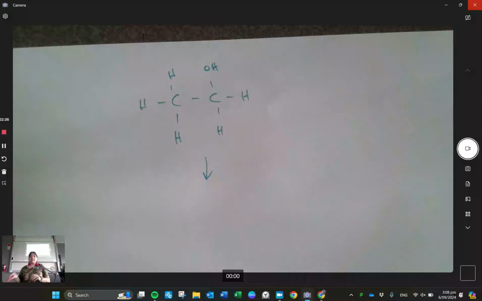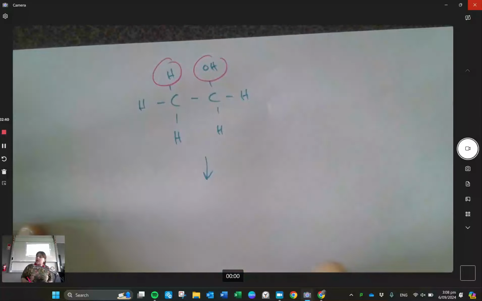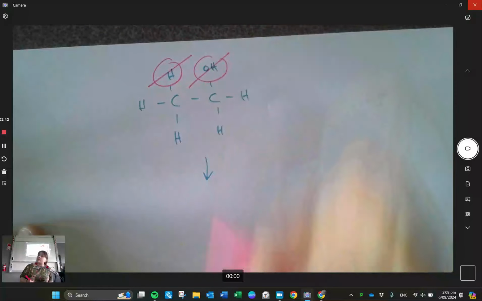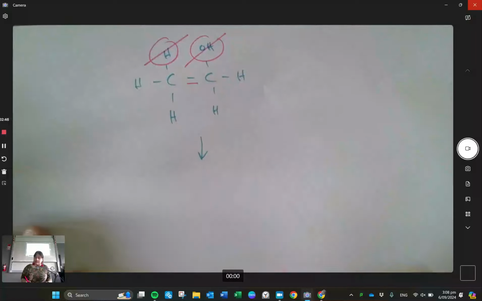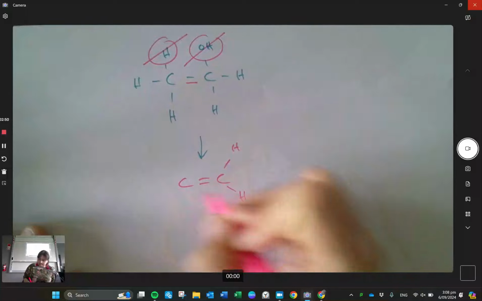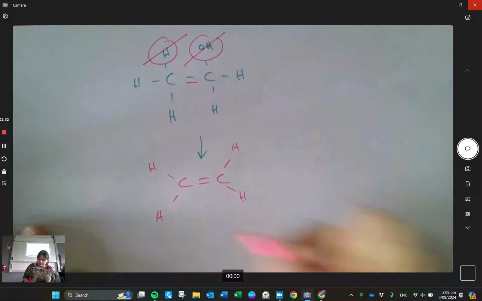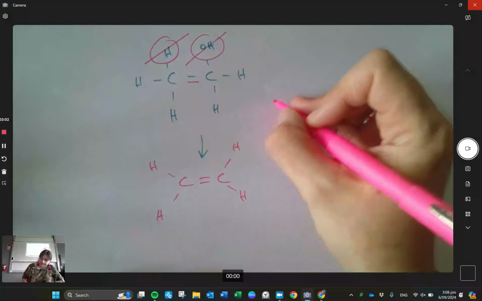So in this case, we are eliminating, say, an OH and a hydrogen. By eliminating those two things from the molecule, I can now form a double bond, which is our alkenes. So that is an elimination reaction. Elimination reactions are removing stuff from saturated molecules to make them unsaturated.